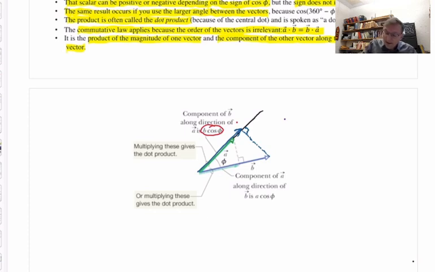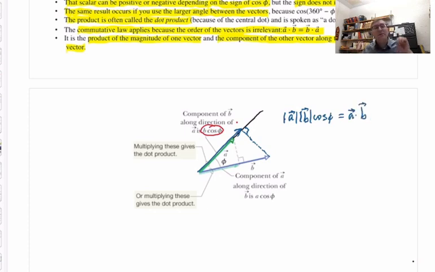So if we take the magnitude of A and then multiply it by the projection of B along A, the component of B along the direction of A, that means to multiply it by magnitude B cosine phi, but that's exactly what we defined as A dot B.